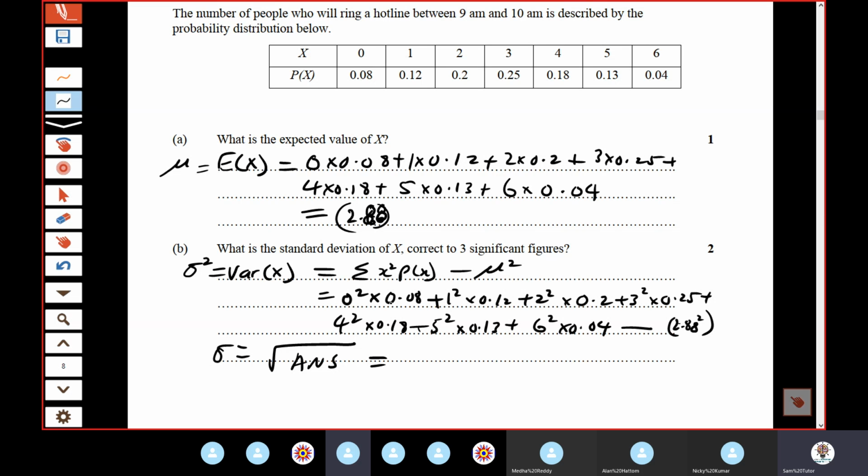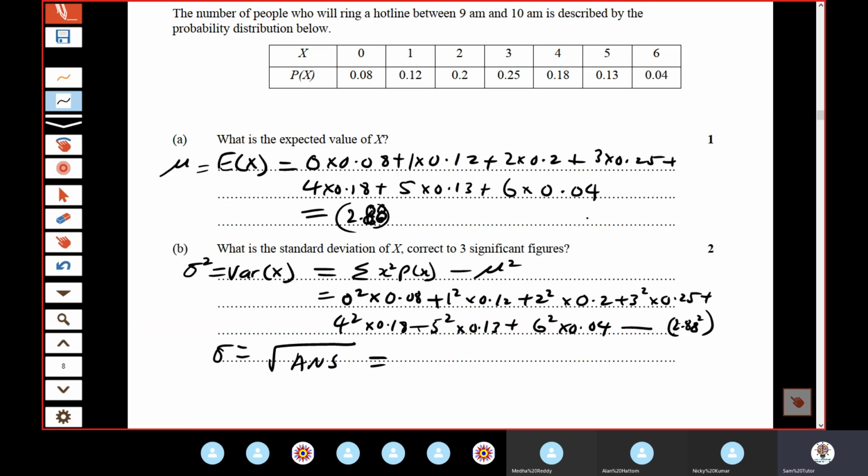2.88 squared. So now for this one, you're just going to square each of your x's. If you haven't cleared it, go back and square each of your x's, and you can get the first component done, and then minus. So if you're going to get this in your exam, it's silly for you just to clear this and do it all again.